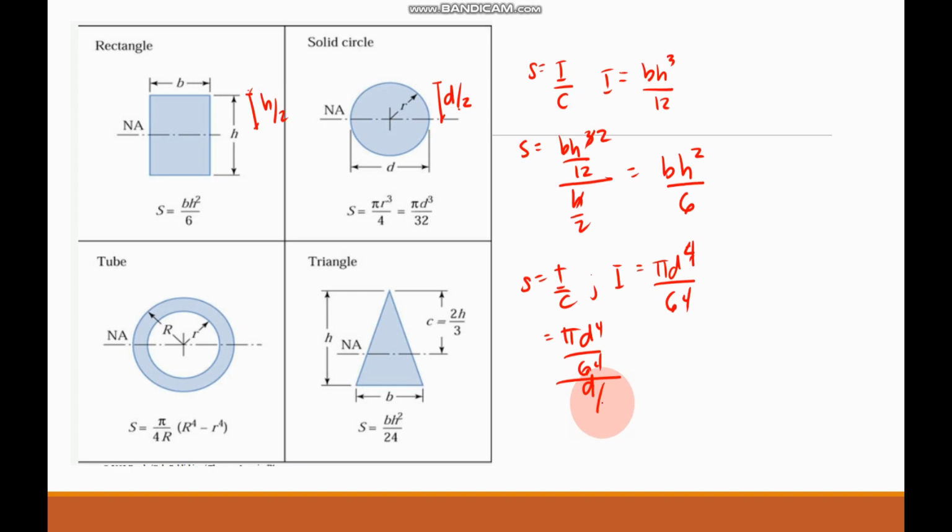So it is now equal to pi d cube all over 32. Yan. So lumabas yung section modulus ng solid circle. So as I have said, no need to memorize the section modulus of these shapes, as long as you know the moment of inertia. So you can derive na lang. So you can try the rest of the shapes.